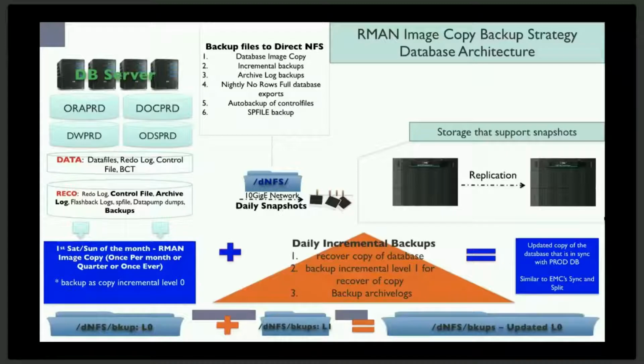The idea is we never take a full backup ever again. From that point on, it's simply taking incrementals from the previous backup, doing a recovery, and then from there, taking another incremental level 1, and then you back up your archive log. The idea is that my image copy is literally an exact copy of my database.